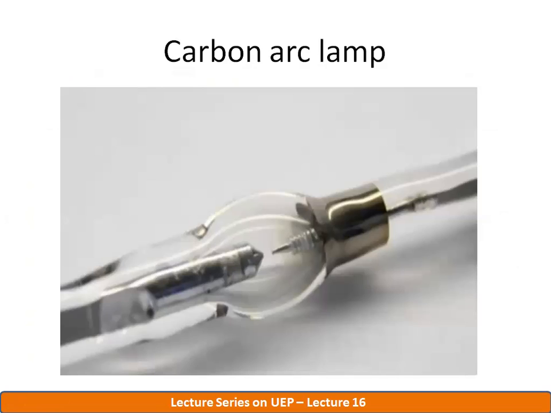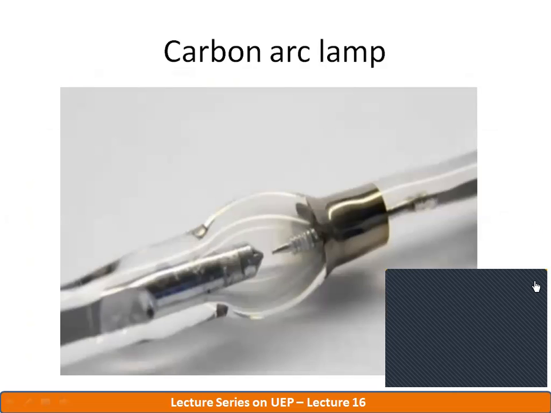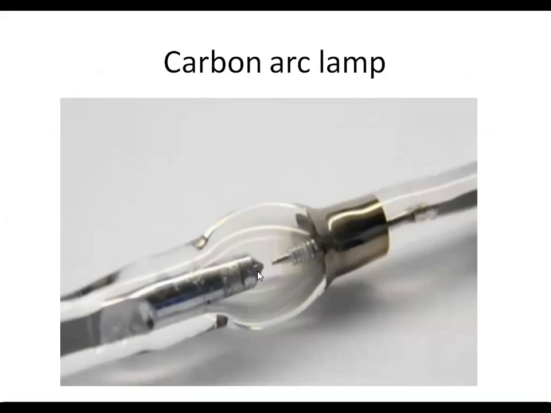The next type of lamp is the carbon arc lamp. It is one of the oldest lamps. It consists of two electrodes, one considered as cathode, another considered as anode. Normally, it is excited from the DC supply. The positive electrode diameter is 2 times more than the negative electrode.